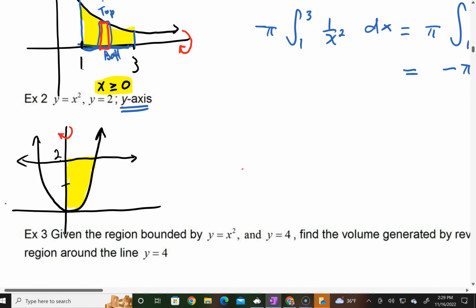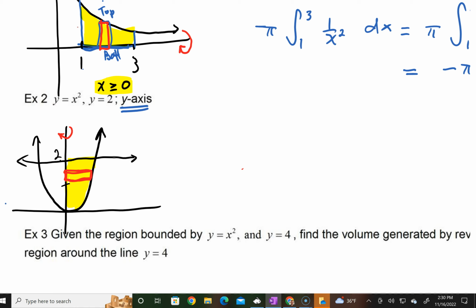We're trying to find volume, but if I were to go perpendicular to the y-axis, I'd get a rectangle that looks like that. Do you see what we're talking about? Are those the rectangles that we were working with in Chapter 5? Did we set up LRAMs and RRAMs and so forth that looked something like that?